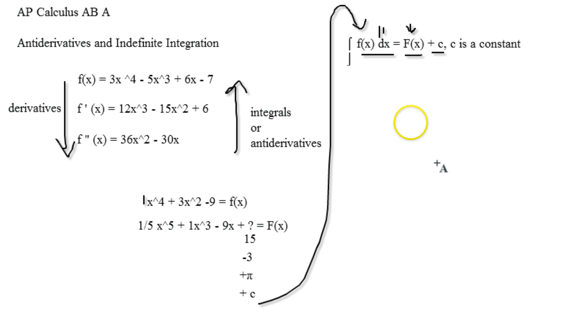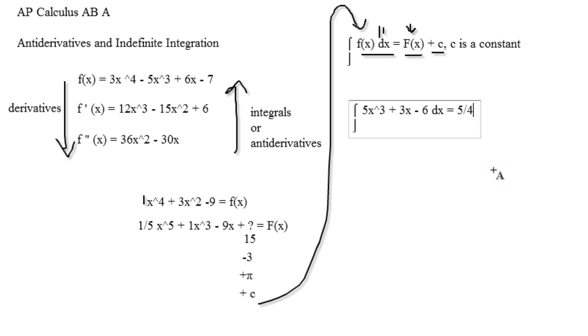Okay, so for example, if we were to do the integral of, let's go 5x to the third plus 3x minus 6. And then we write dx after that. So we're going to do the antiderivative of everything in here.